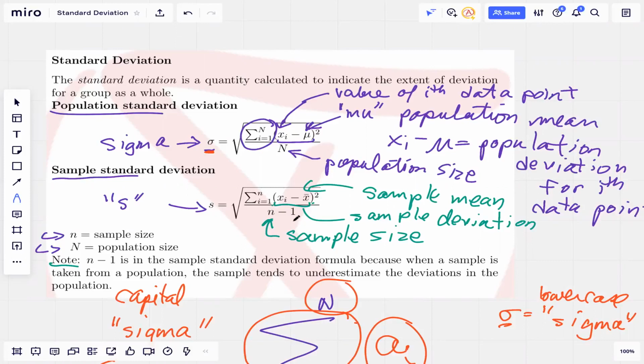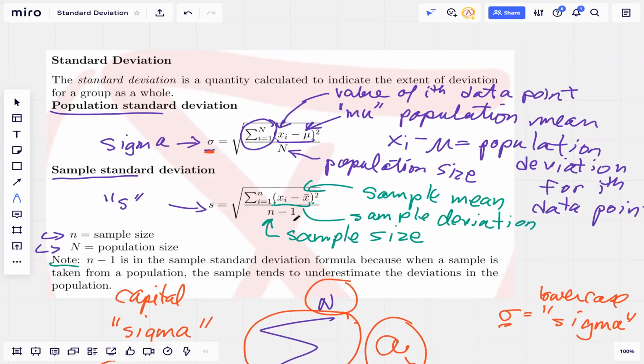If you look at the formula for the population standard deviation, we have mu, which is our population mean. We have x sub I, which is the value of the ith data point. We have our population size. Xi minus mu is our population deviation for the ith data point.